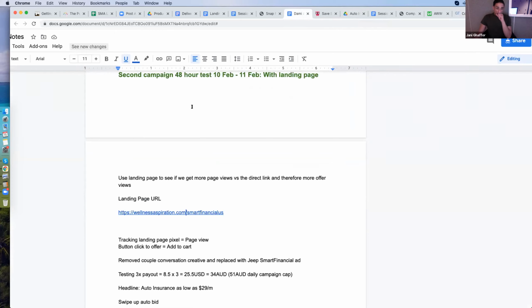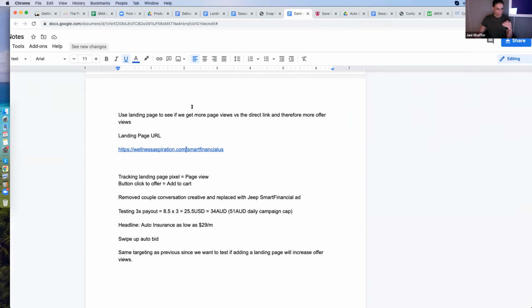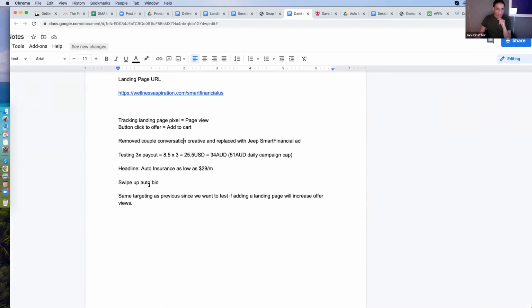In this one, we were still doing a traffic campaign with the swipe up objective. Is that right, on the next one? Yeah, I think we ran it again with swipe up and auto. The postback wasn't working before, so we just ran it again with the correct tracking, because we couldn't track anything before.